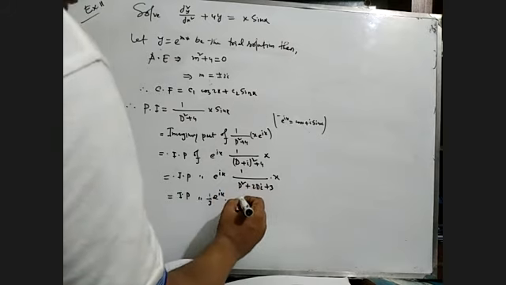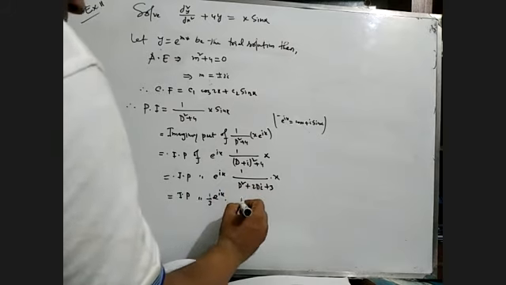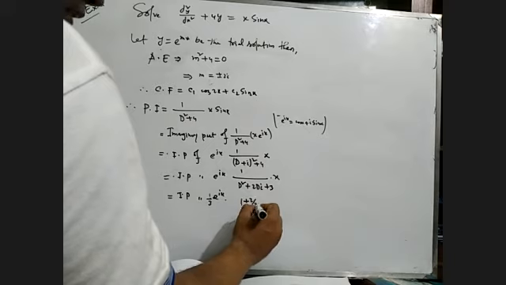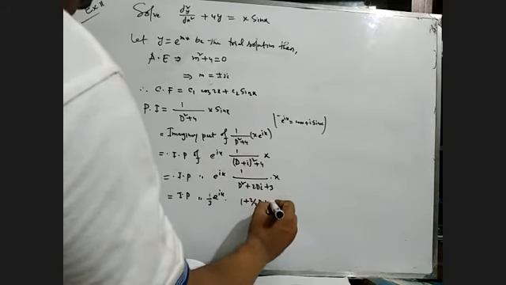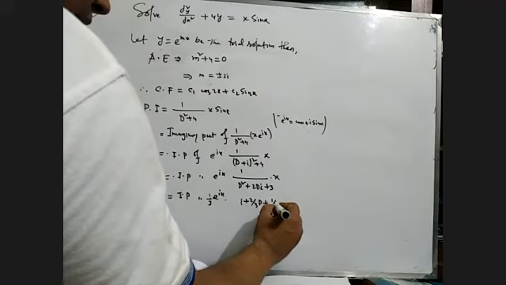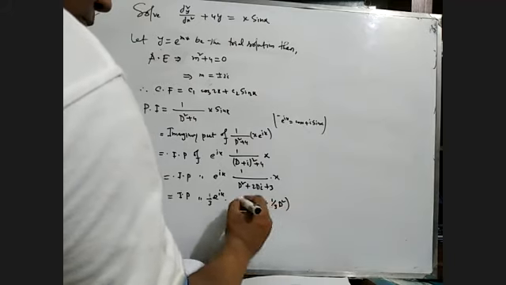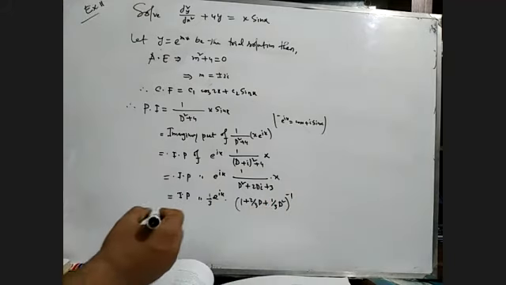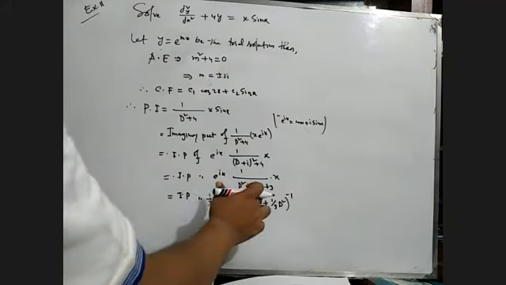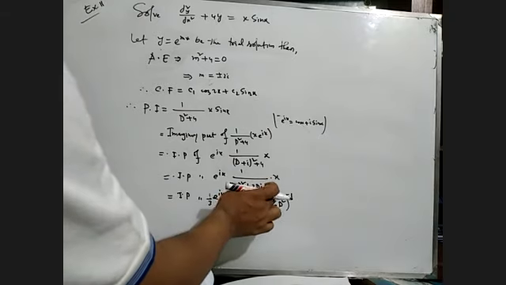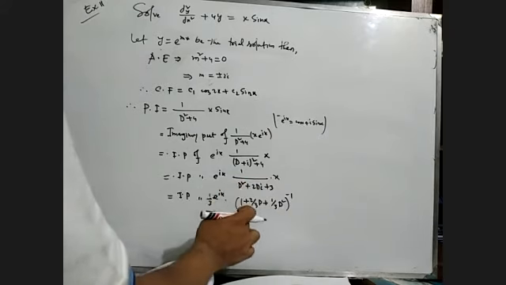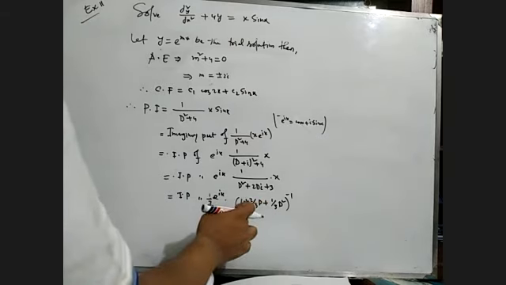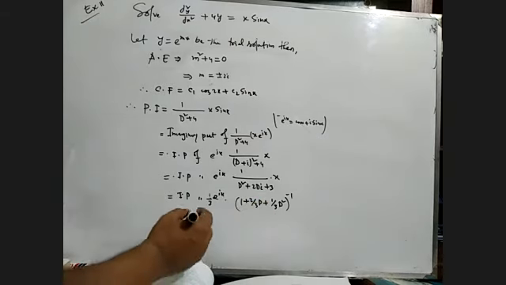Then it can be written like this: 1 plus 2 by 3 D plus 1 by 3 D squared, to the power minus 1. Just taking 3 common from the denominator, we can write this. Then you can convert it into an inverse, but using binomial expansion.